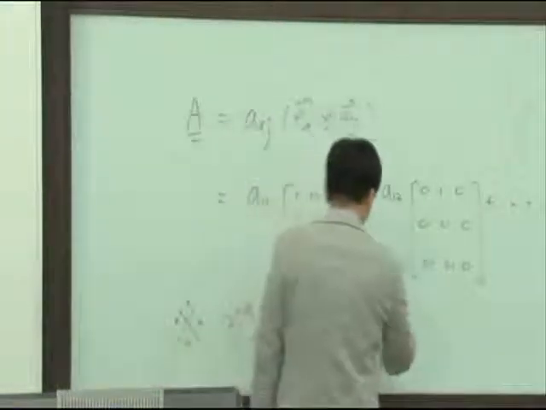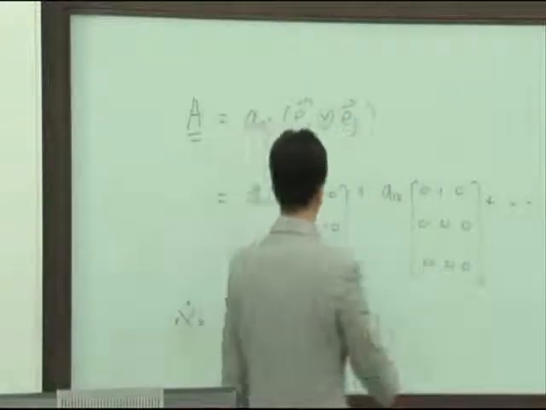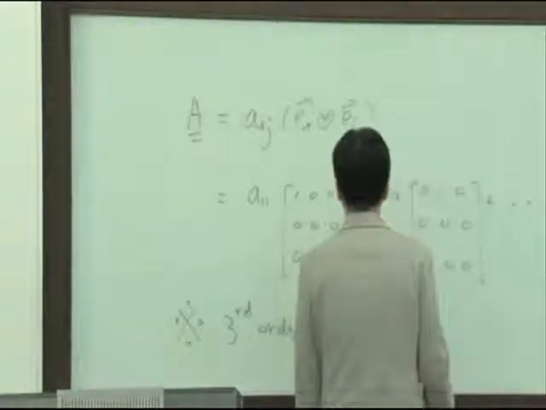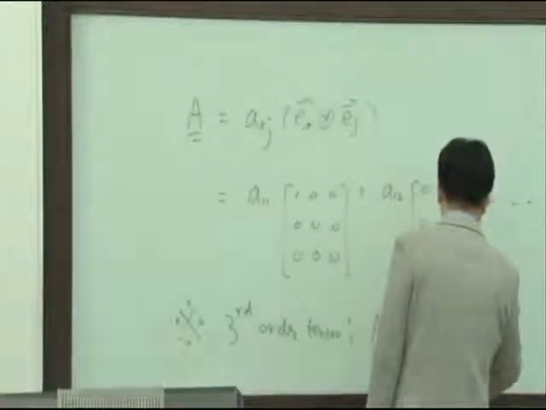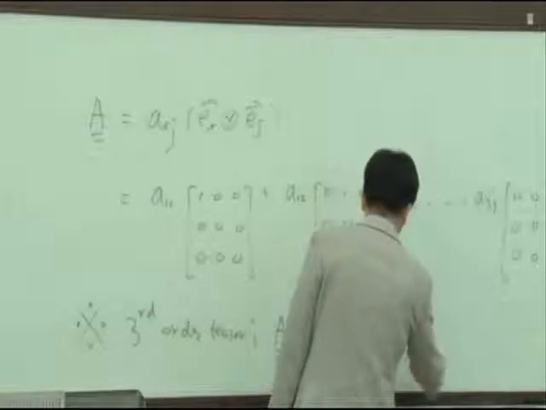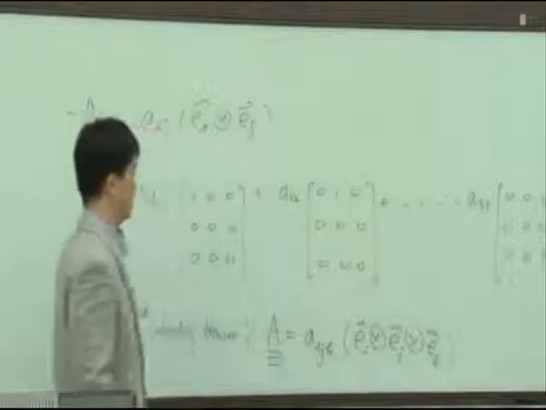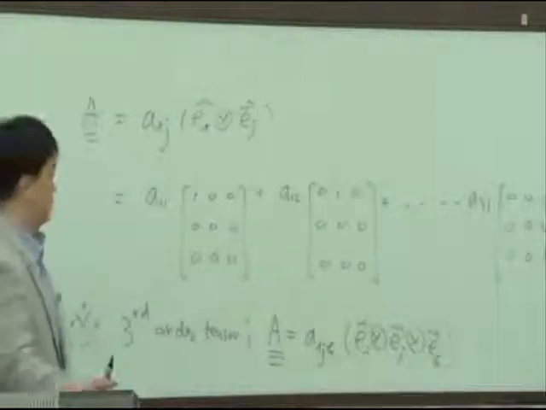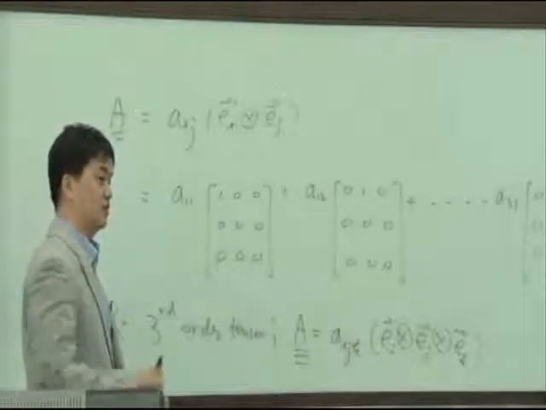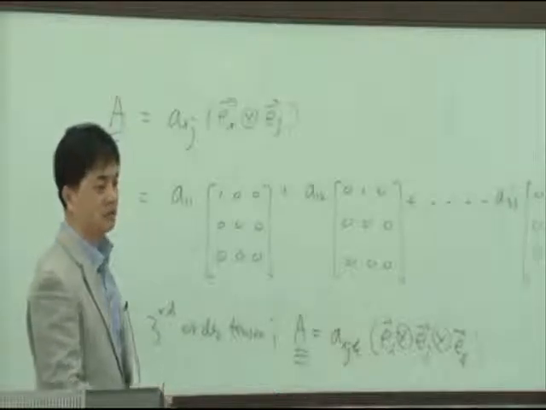Yeah, let's define third order tensor A with the 3 on the bar equal Aijk Ei, Ej, Ek. This is a third order tensor. In this sense, we can define fourth order, any order of tensor, right?